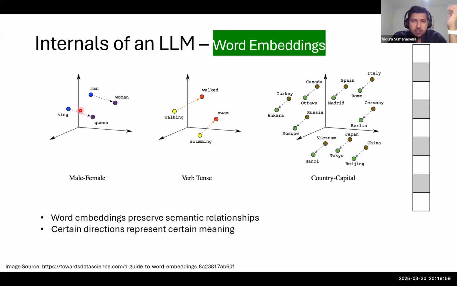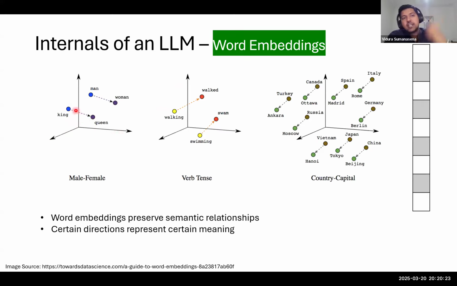These embedding spaces worked before the large language models. This has been around for maybe more than about 10 years now. Word embeddings have been there for quite a bit of time. The idea of word embedding is to understand the meaning of words. In this example it's a 3D space, but it's actually very high dimensional.